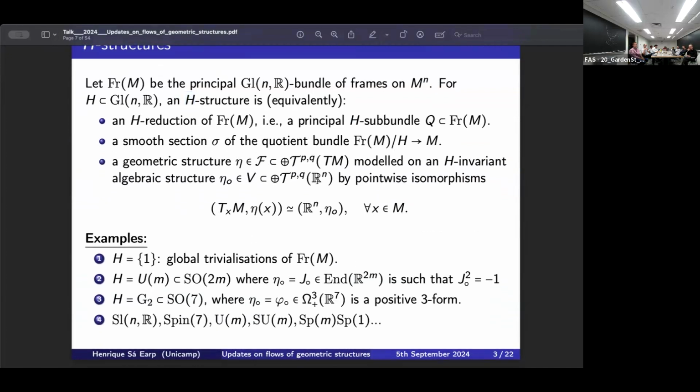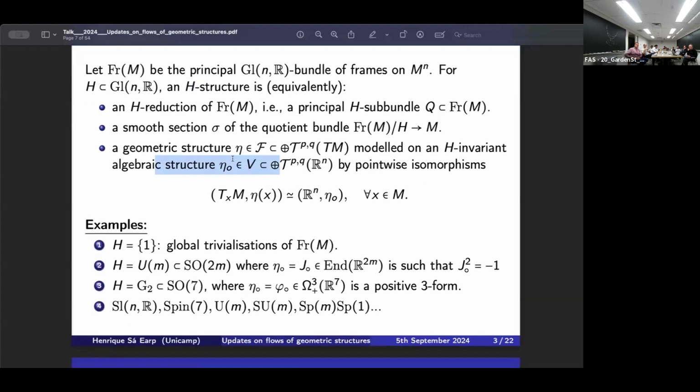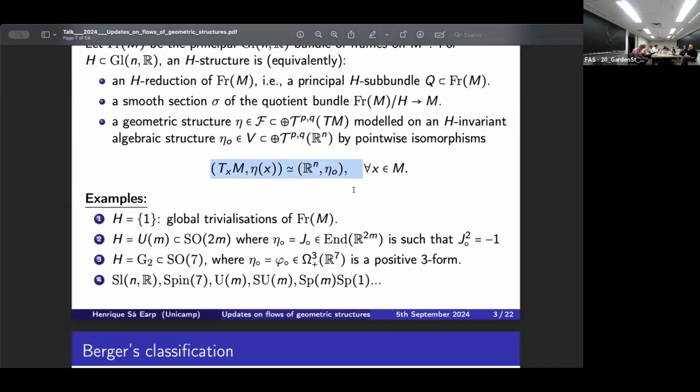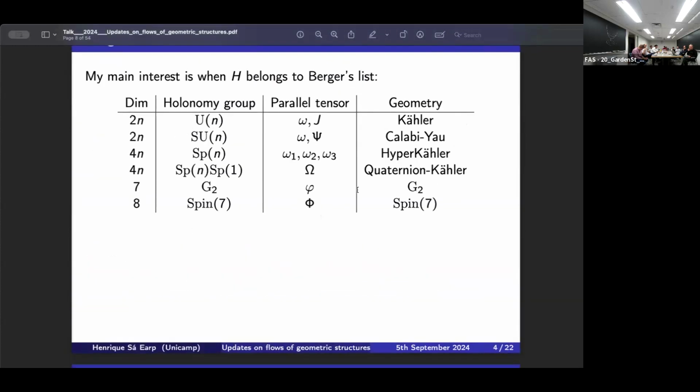The way I like to see it is that you have a tensor, and you define the geometric H structure by the isomorphism.